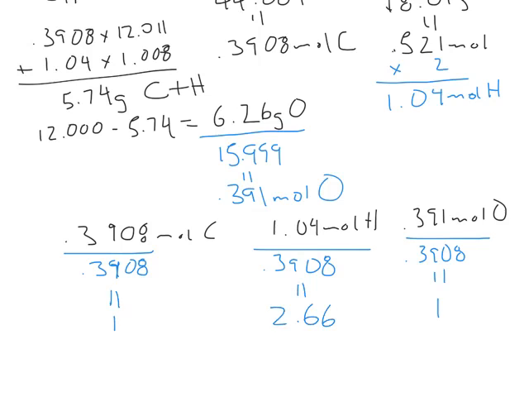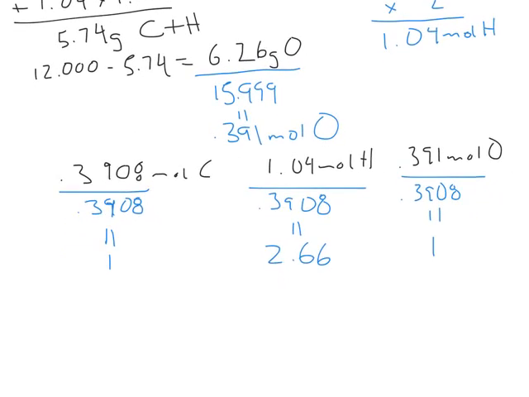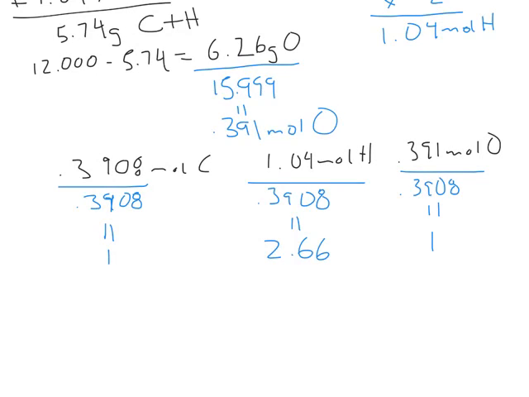Okay, so like an empirical formula problem, this guy can't round off. These are really close to whole numbers. This one we're going to have to think about what fraction that is. I recognize this as sort of the decimal equivalent to 2/3. So I'm going to turn this number into 8/3.